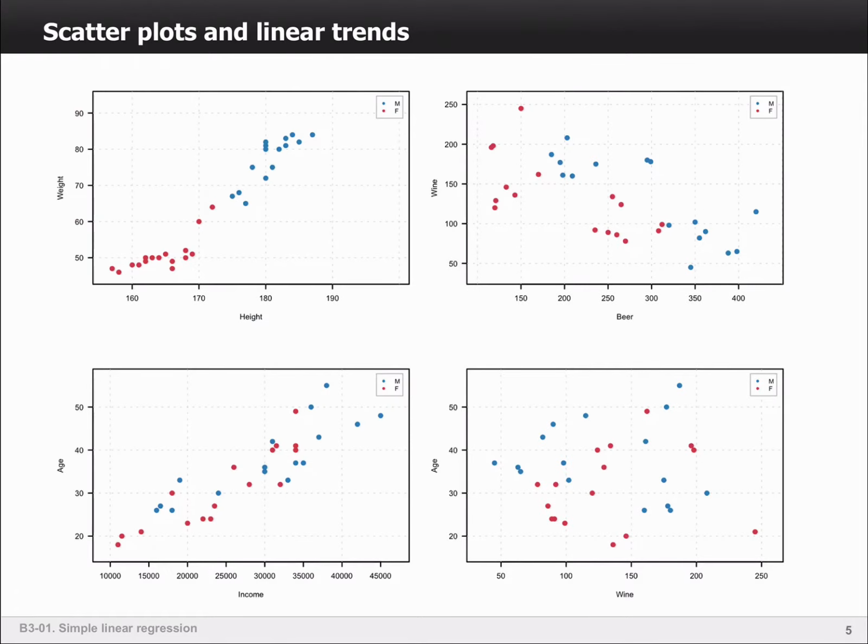So let's look at some of the scatter plots I made for this people data that we used at the very beginning of this course, okay? For example, this first plot is a plot where I have height and weight of people. So in this case, x is height and y is weight. Do you have any relationship between height and weight? Apparently you do.